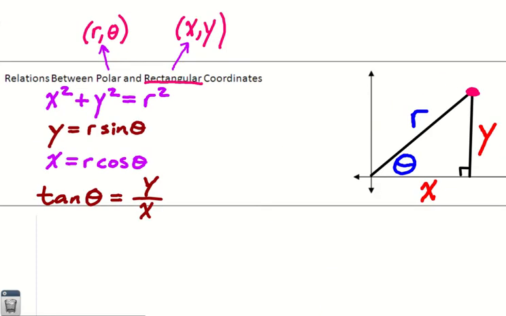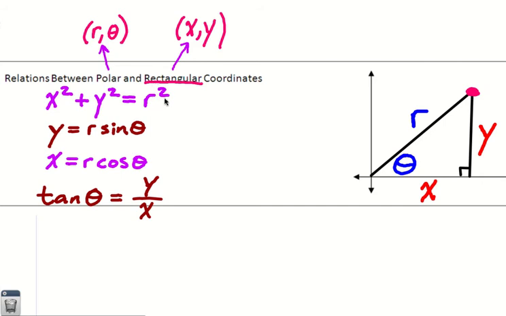If we know r, what could you replace r with? I guess you could replace it with y over the sine of theta, but we would still have a theta. Okay, looks like the same thing here. You couldn't just replace r with x over cosine of theta because you'd still have a theta.